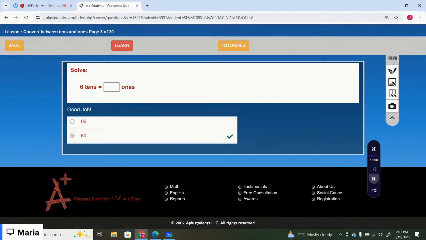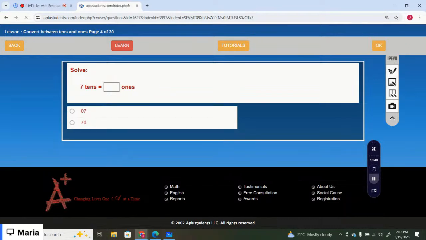Option number 2 is the correct option. Seven tens equal 70 ones. Option number 2 is the correct option.